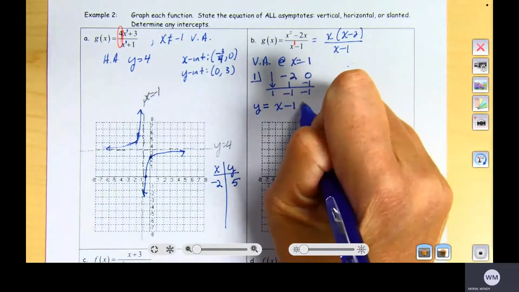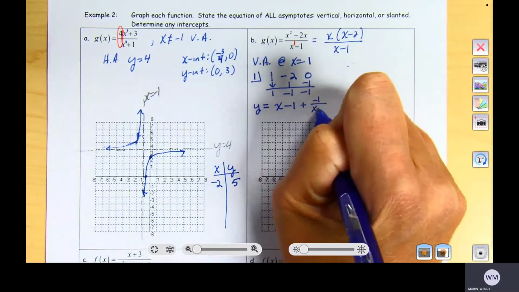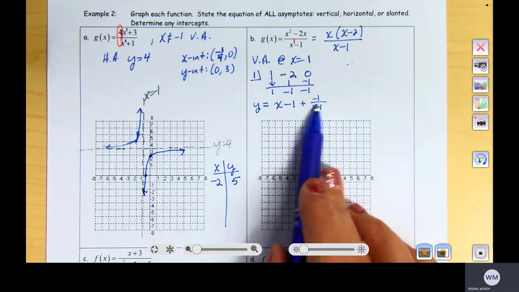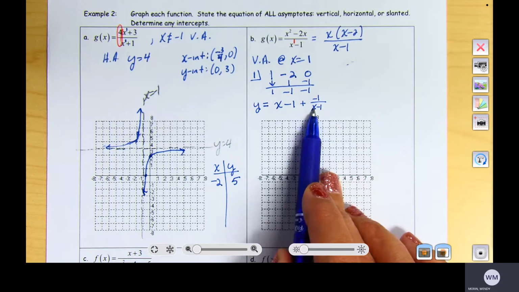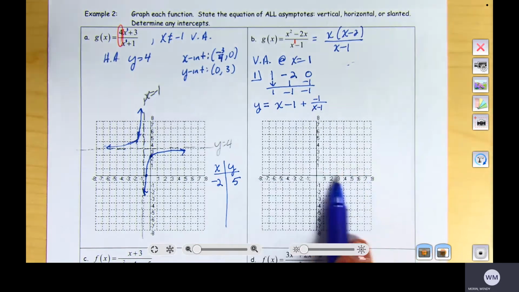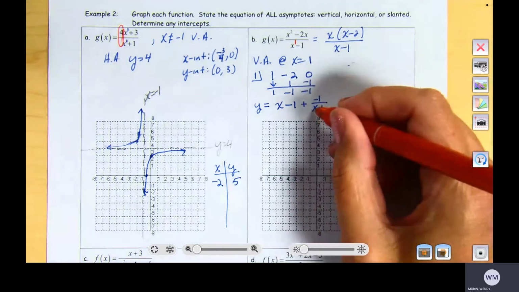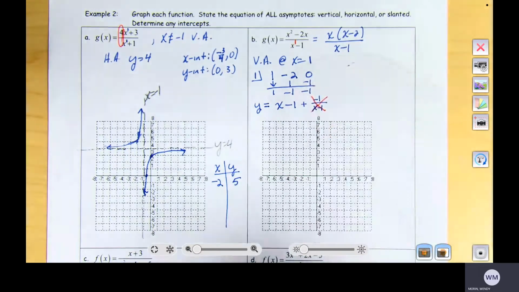Now, watch this though. -1 over our divisor, x minus 1. What do slant asymptotes describe? They describe end behavior as x gets extremely large. So let's say this is a really large number. 1 divided by a really large number, positive infinity. You can't really evaluate positive infinity, but the idea of 1 divided by a really large number, because we're talking about the end behavior here, or a large negative number, this is going to become 0.